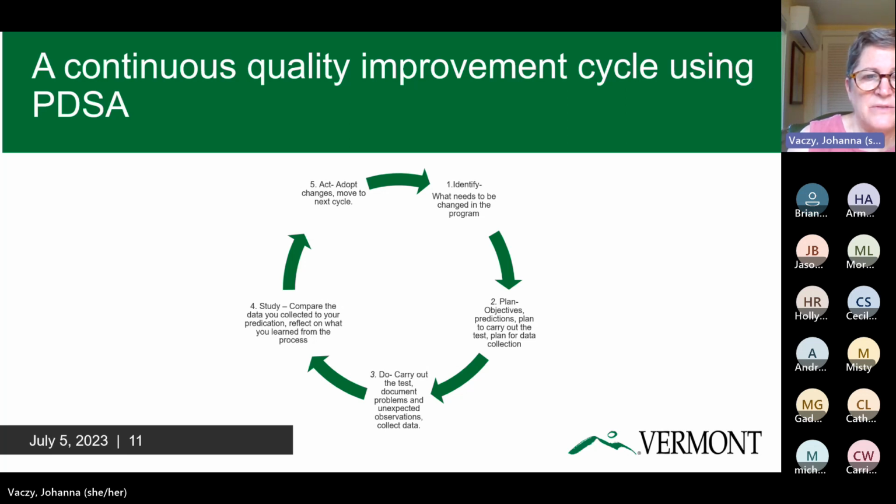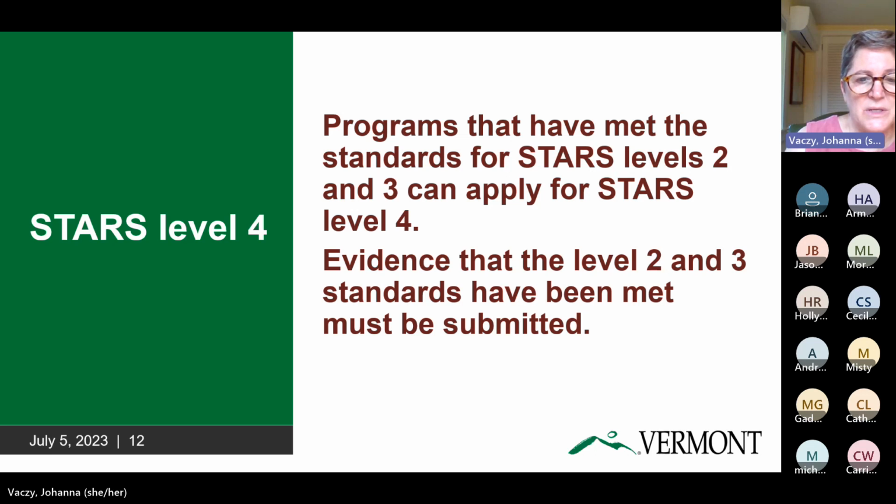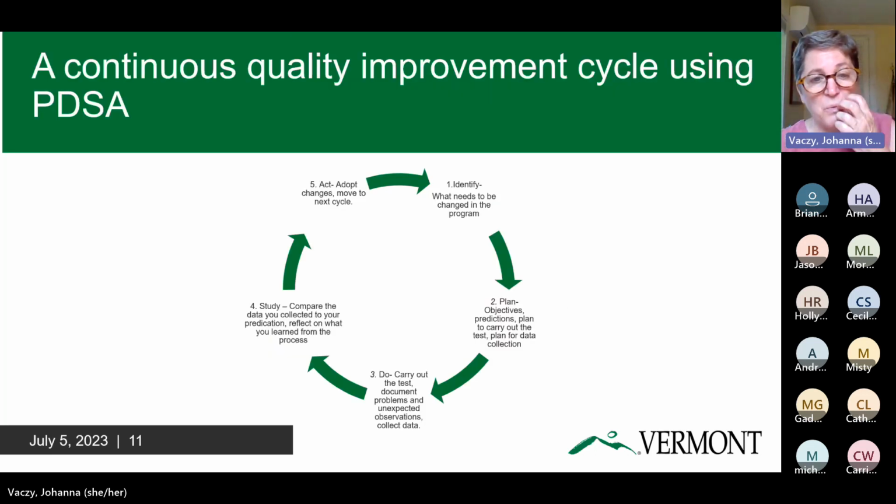You take your objectives and your predictions, and you plan to carry out the test, and you plan for how you'll collect information from the test about the activity's success or not success. You carry out the test for the do phase. You document problems and unexpected observations, and you collect data. And data is just another word for information, usually in the form of facts or numbers.